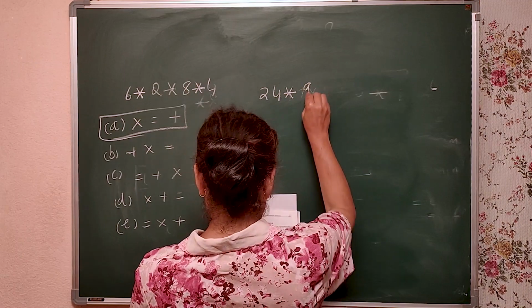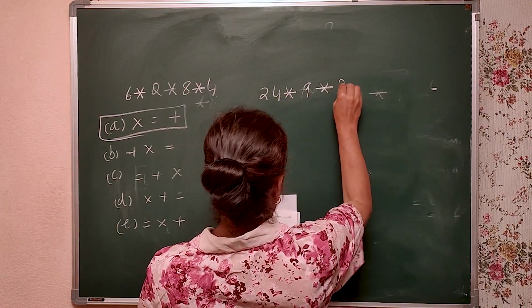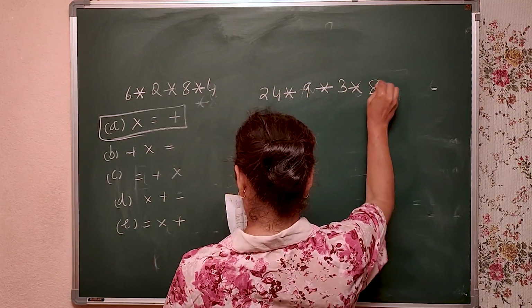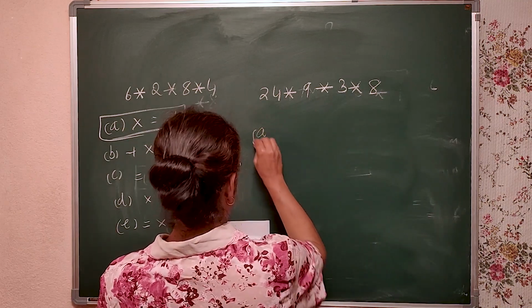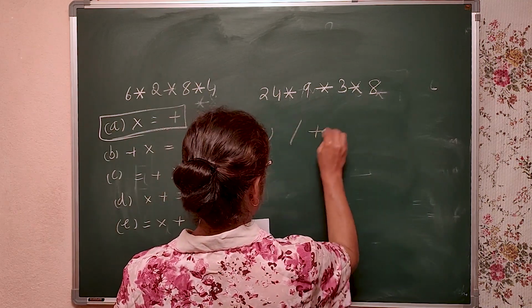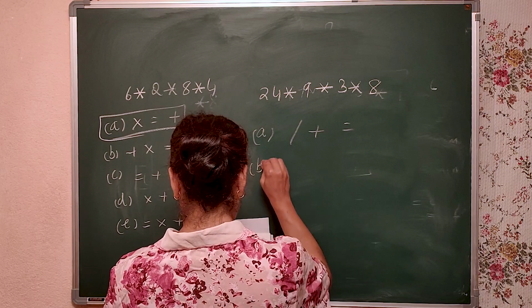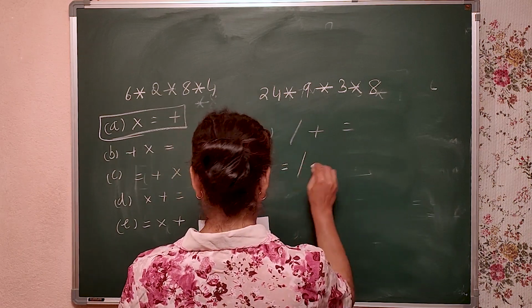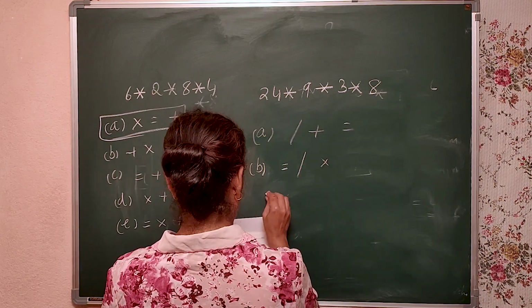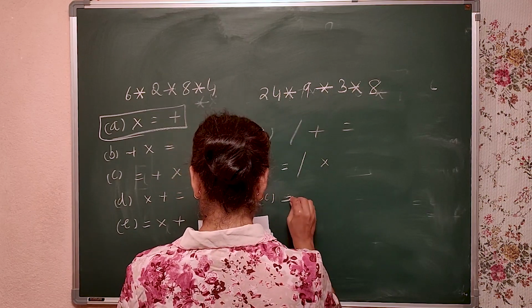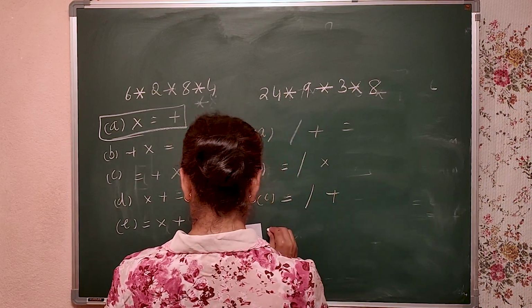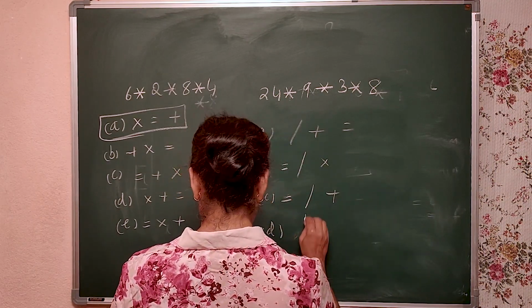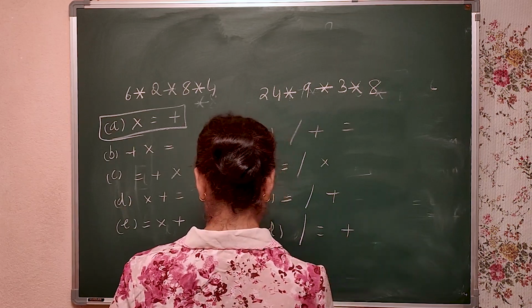Star 9 star 3 star 8. A: division, plus, is equal to. B: is equal to, division, into. C: is equal to, division, plus. D: division, is equal to, plus.